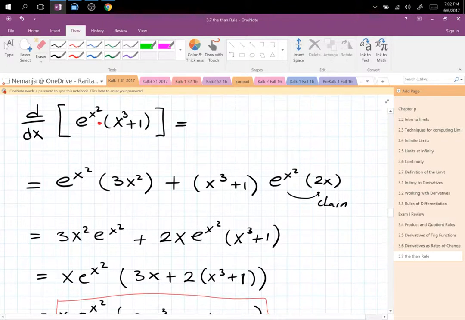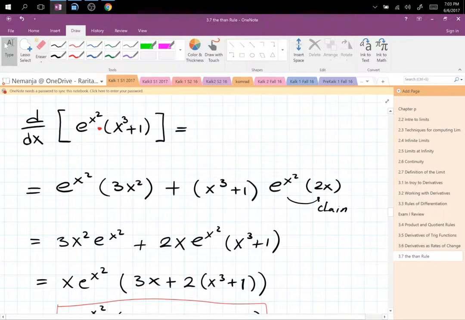All right, let's take a look at this problem one more time together. I have my f times g, which triggers product rule. The product rule is f g prime plus g f prime.